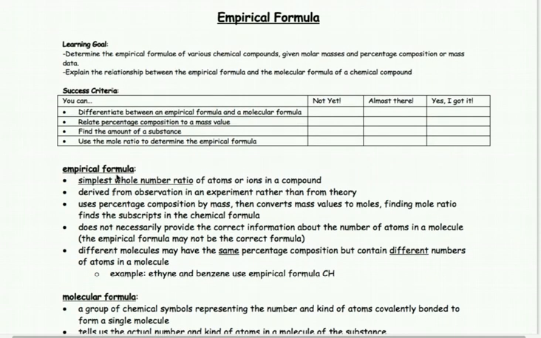So you're trying to come up with a chemical formula that represents the mass information, percent composition information that you are given. So just keep in mind that the empirical formula is going to be the simplest formula that represents the compound, but not necessarily the chemical formula that we've been using and naming throughout the last few units, okay?